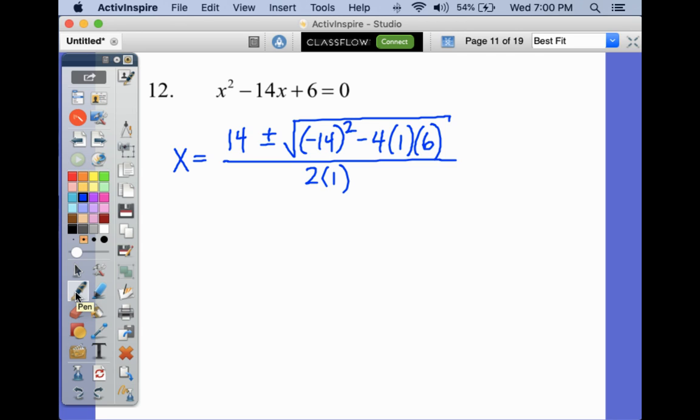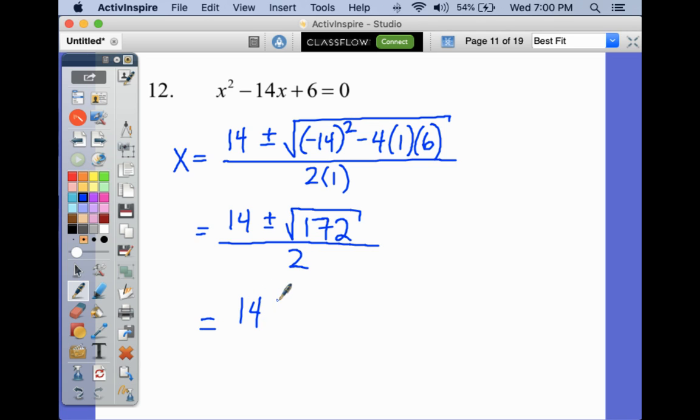So we want negative 14 squared minus 4 times 1 times 6. I'm going to end up with 14 plus or minus the square root of 172 over 2. And can 172 be simplified? It can.